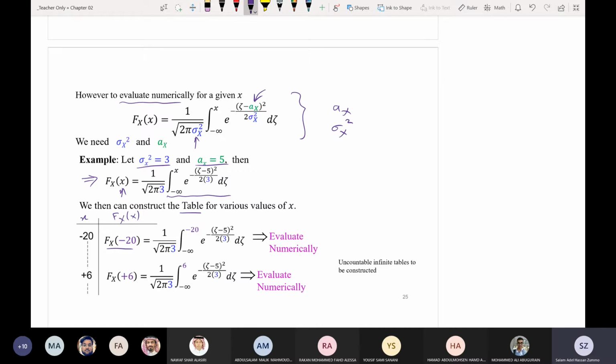However, this is for a specific ax, a specific sigma x squared. How many specific ax and sigma x squared we can have? ايش رايكم؟ Very limited, I think. How many average values you can have for any random variable?